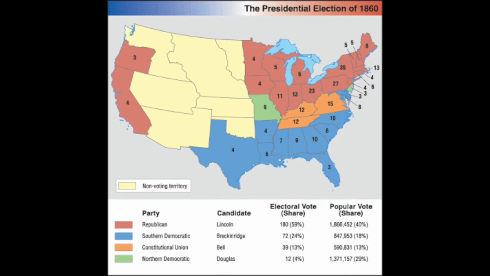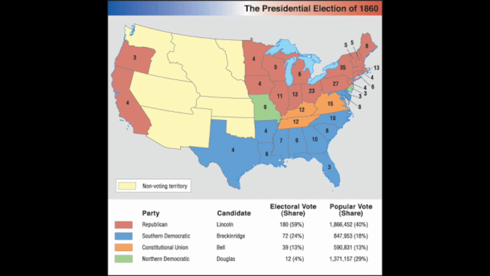Here's the map. All right, so Abraham Lincoln is going to win the North. John C. Breckinridge is going to win the South. You're going to have Bell win a few of those border states in Tennessee, Kentucky, West Virginia. And Douglas, well, he's going to get Missouri.